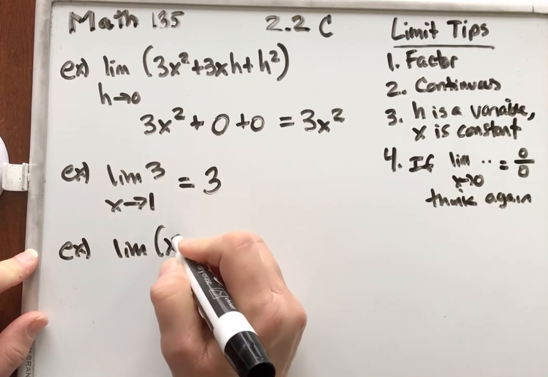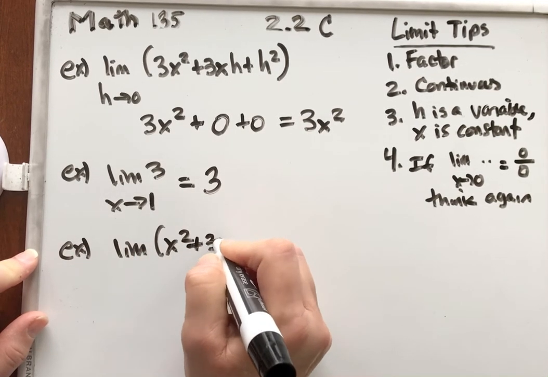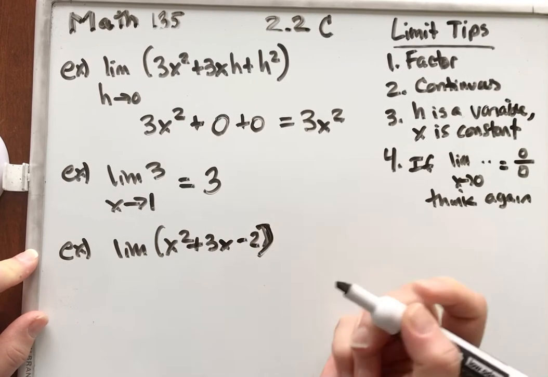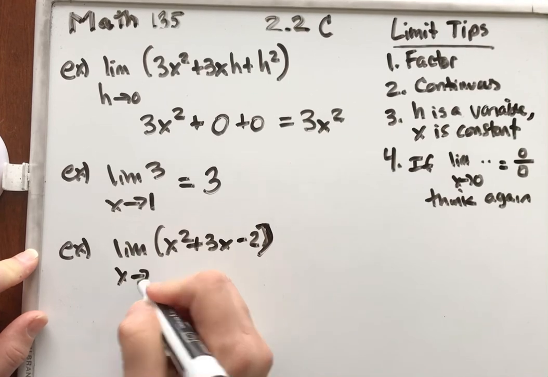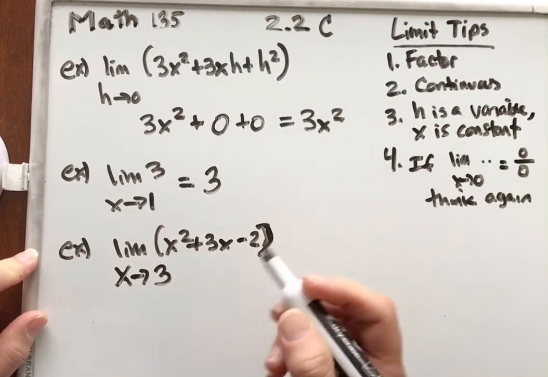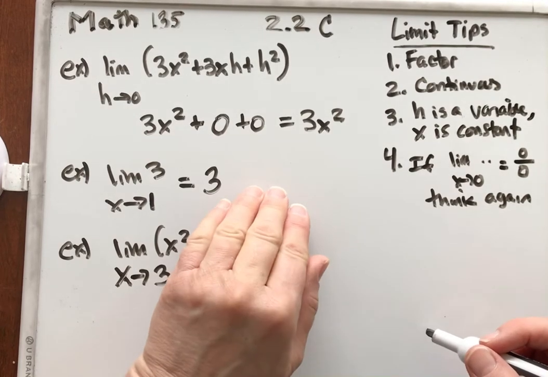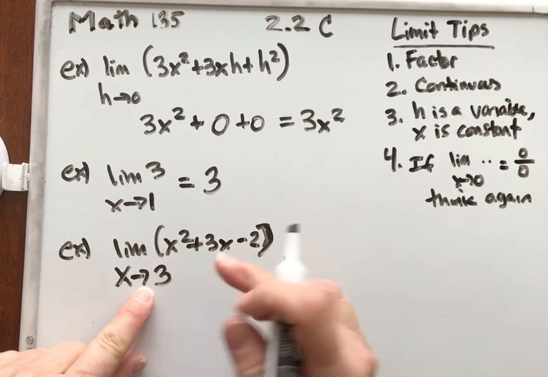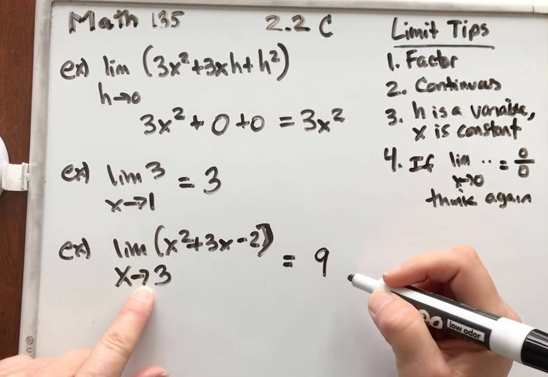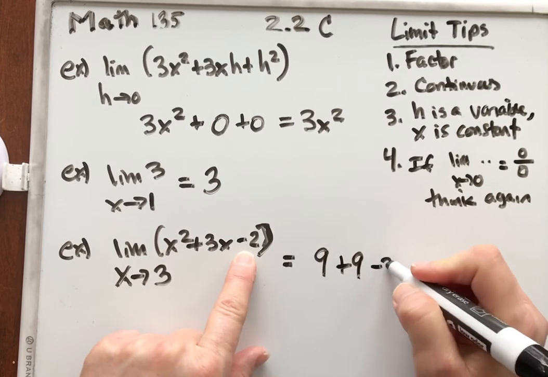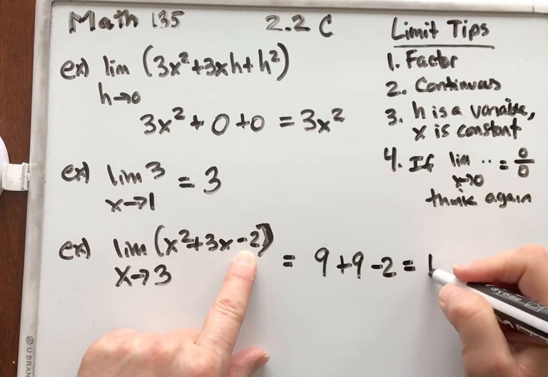The limit of x squared plus 3x minus 2, as x approaches 3. Again, we have this plus and minus. We're going to evaluate each one. So we put a 3 in the x and we get 9. 3 in this x and we get 9. And this is a constant, negative 2. So we have 16.